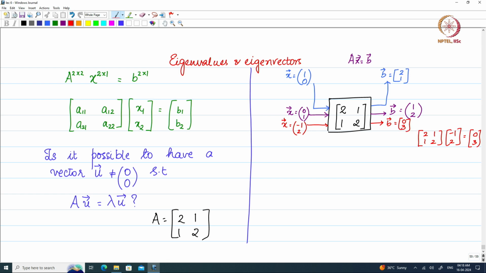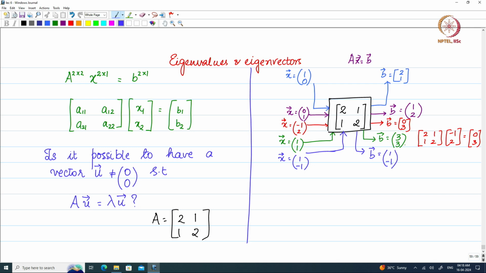The fourth vector that I am going to look at is the input where I take the x vector to be equal to 1 1, and I see that the output vector is b equal to 3 3, right. And the next vector is x vector equal to 1 minus 1, and that is going to give me another b vector which is 1 minus 1.